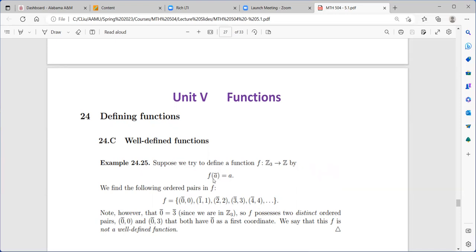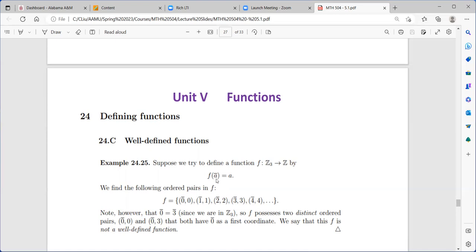If the rule is that the value of the function is the integer you choose to represent the class, then you will get infinitely many numbers for the numbers inside one class in the domain. So we can actually write the function explicitly by ordered pairs. I mean, not the function, but its relation.